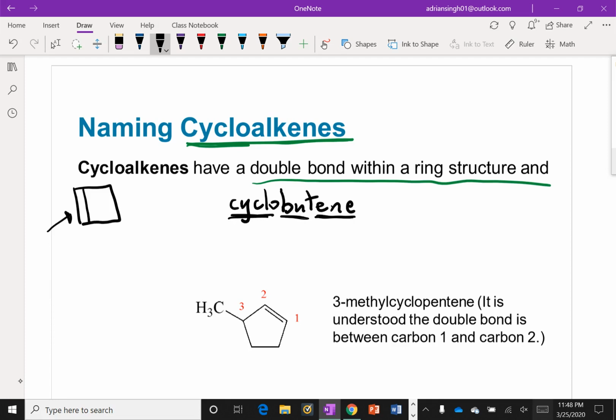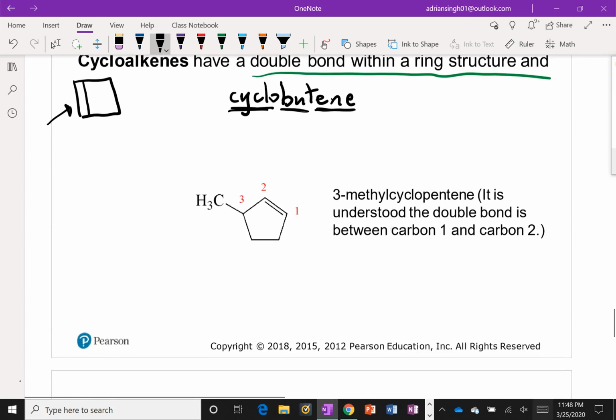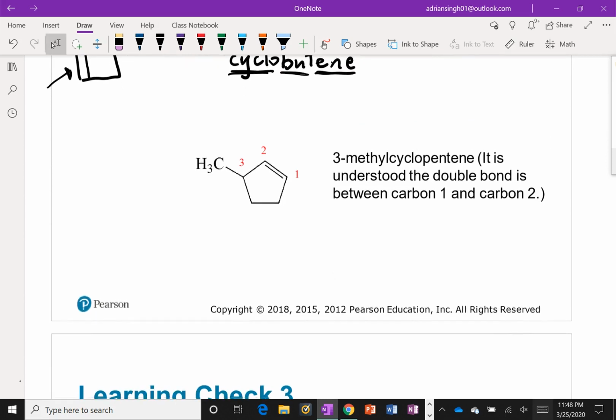In this case, we don't need to say where the double bond starts because we can only start at carbon 1 because it's a ring structure, and that would be the only obvious place to start numbering. If we have a ring structure with some substituents or groups hanging off of it, then we would need to name a number where those groups are located.